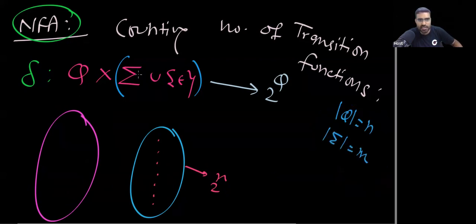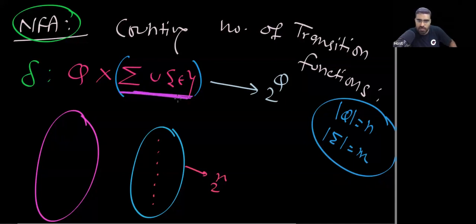So what is the size of this domain? That is Q cross, and here you have m plus 1. So finally I can say it will be n multiplied by m plus 1.